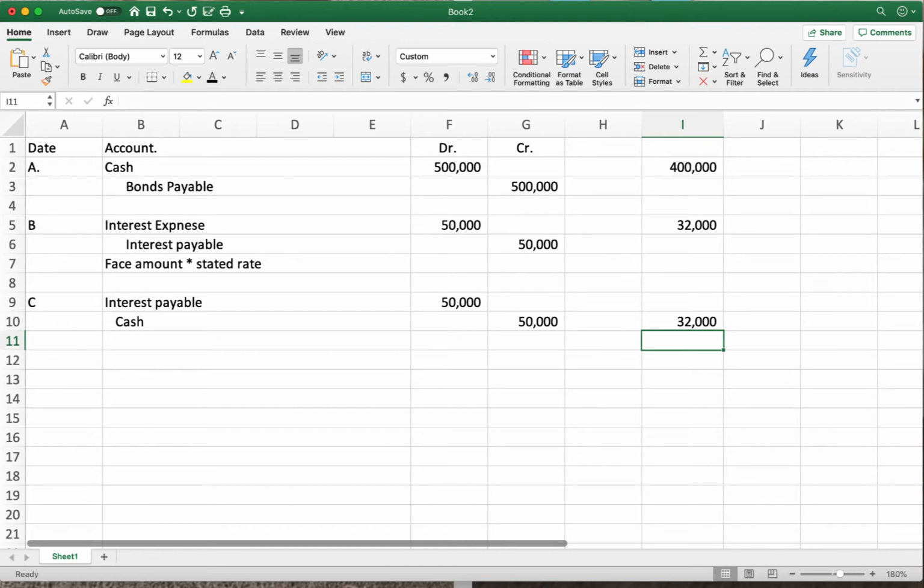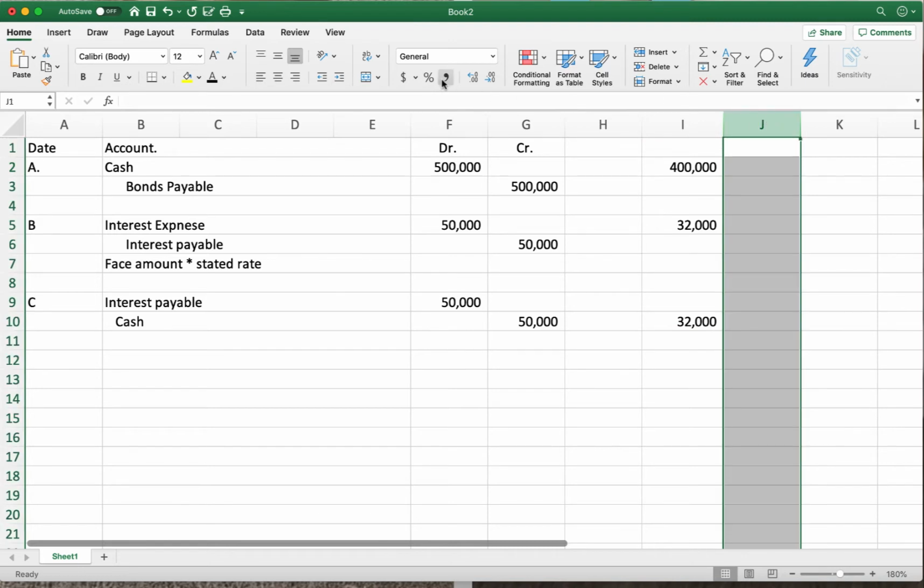Looking at exercise 15-4, excuse me, it's identical, right? It's the same exact thing. Dollar amounts are a little different. In exercise 15-4, it's going to be $400,000. That's the amount of bonds that we issue. And again, it's going to be the same accounts, right? Cash, $400,000, bonds payable, $400,000.